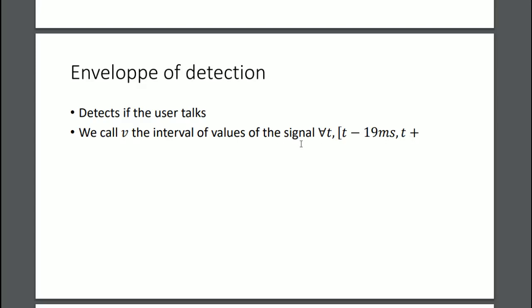In this range, we will do several operations, and we will consider that if 1% or more of the values in V are over the moyenne haute, then the envelope, called signal, will be equal to 1, and otherwise it will be equal to 0.